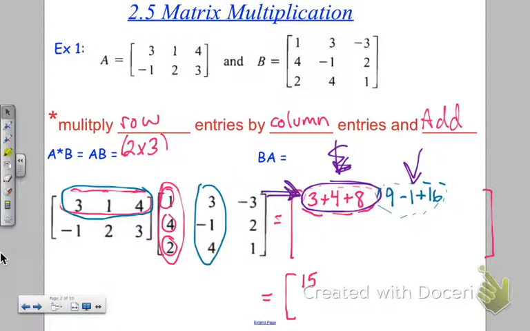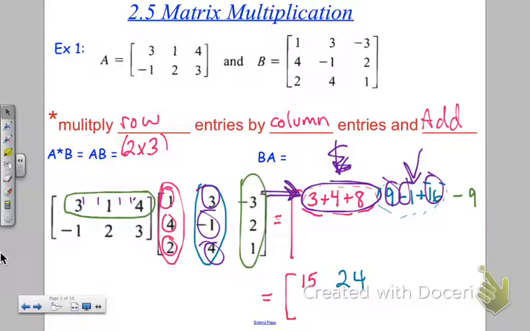So we multiply each of them. What you're doing is multiplying the first times the first, second times the second. So that was 3 times 3 is 9, and then 1 times -1 is -1, 4 times 4 is 16, and then add those together to get 24.